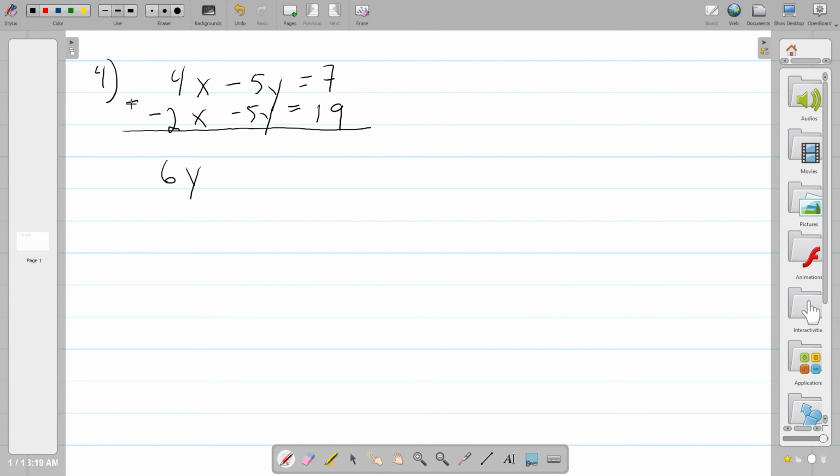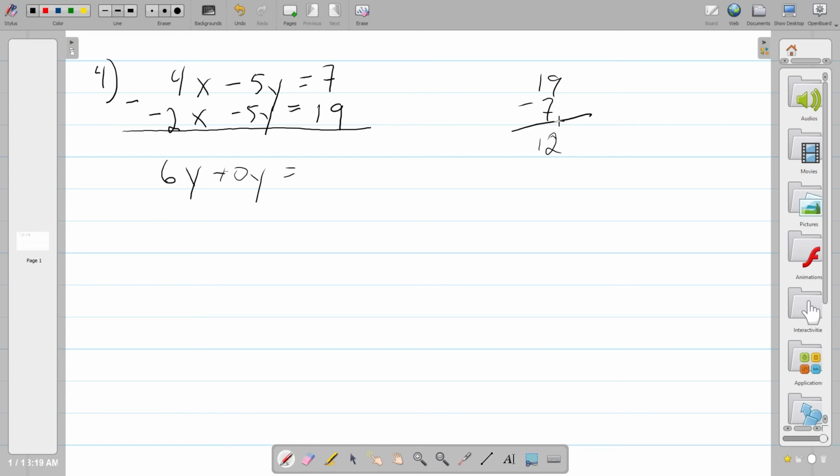And then we have negative 5 minus negative 5, which gives us 0y equals 7 minus 19. Again, we can go 19 minus 7, and 20 minus 7 is 13, so 19 minus 7 would be 12.